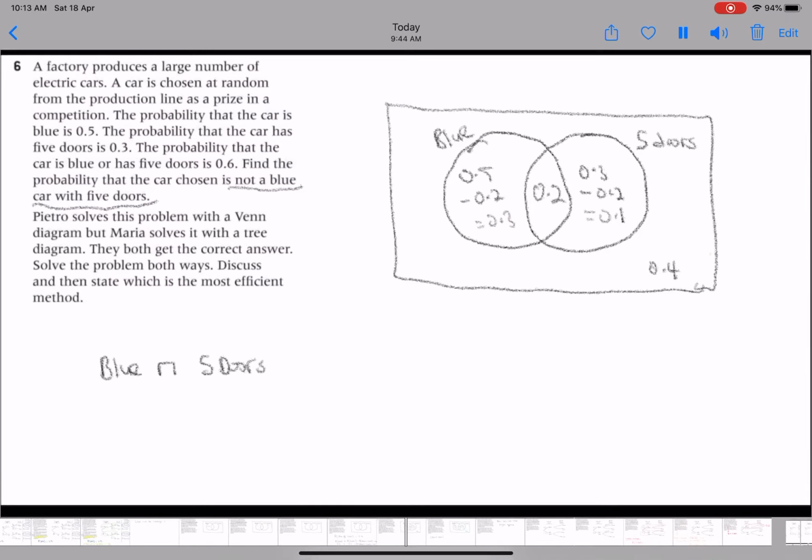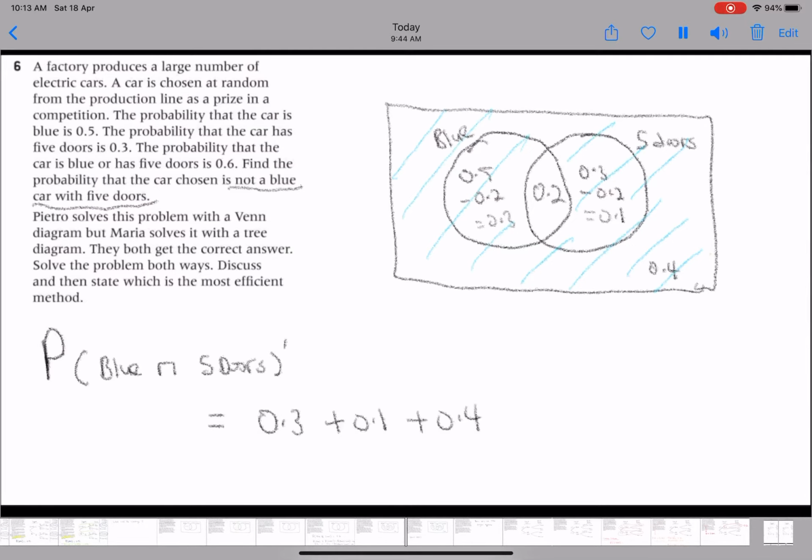If I want the "not", it just means the prime, the complement. And this complement is represented by all the regions except the intersection. So if you look at all the numbers in that region, it's just 0.3 plus 0.1 plus 0.4, and I get 0.8. So the answer is 0.8.